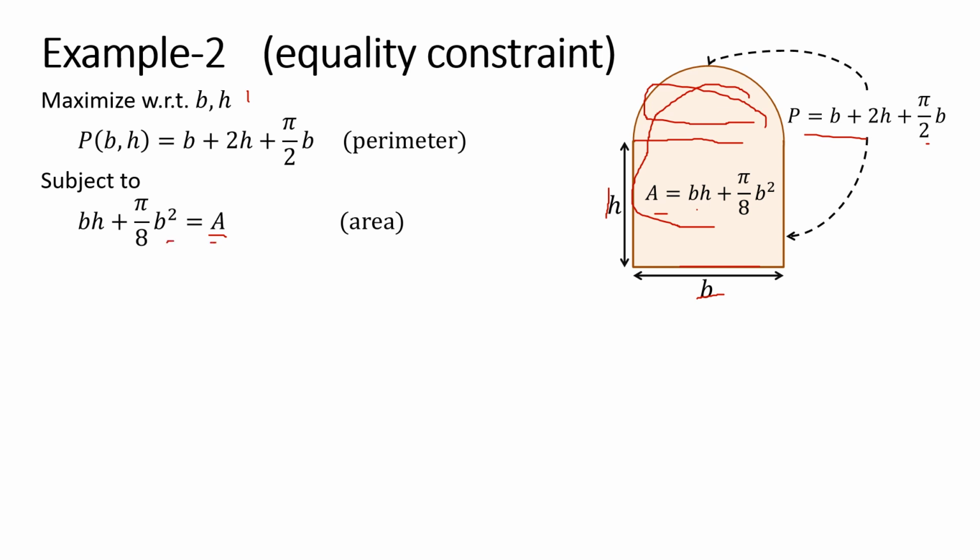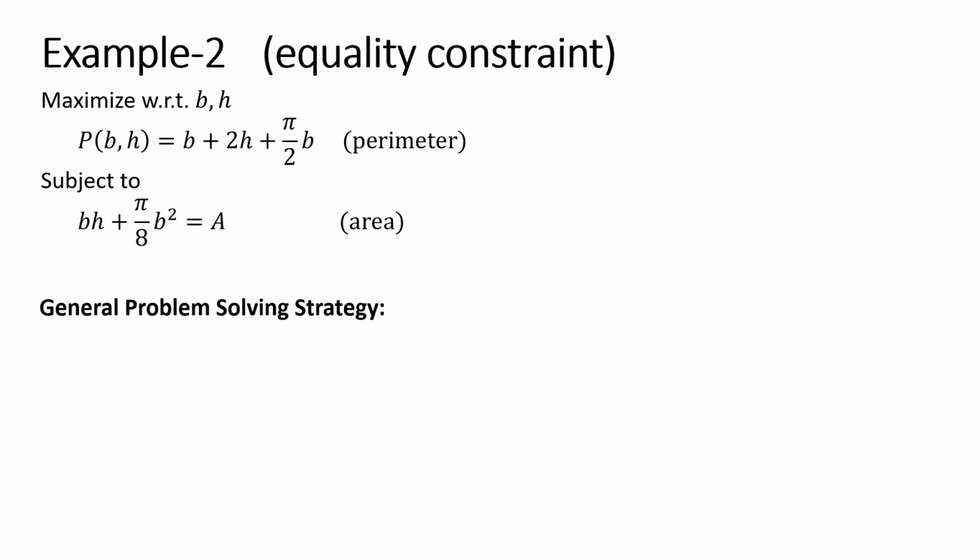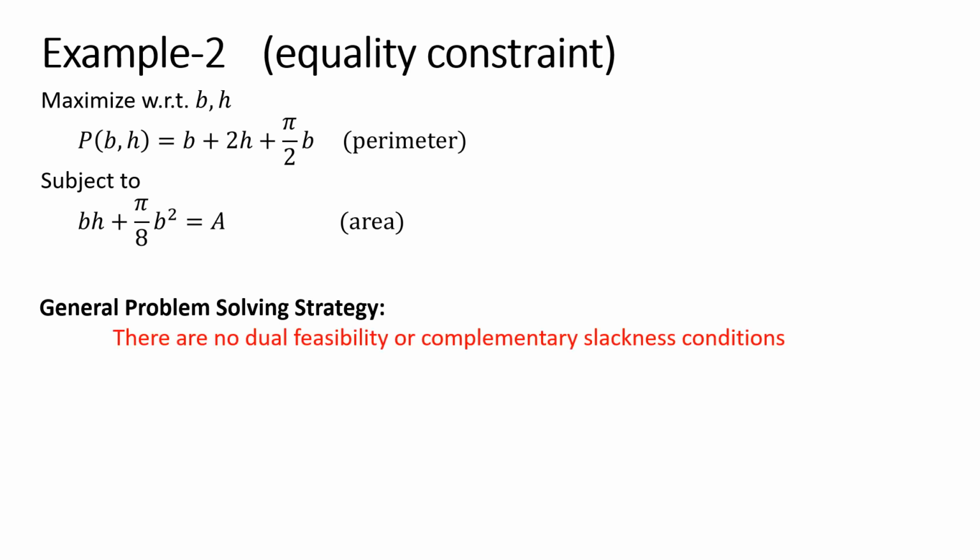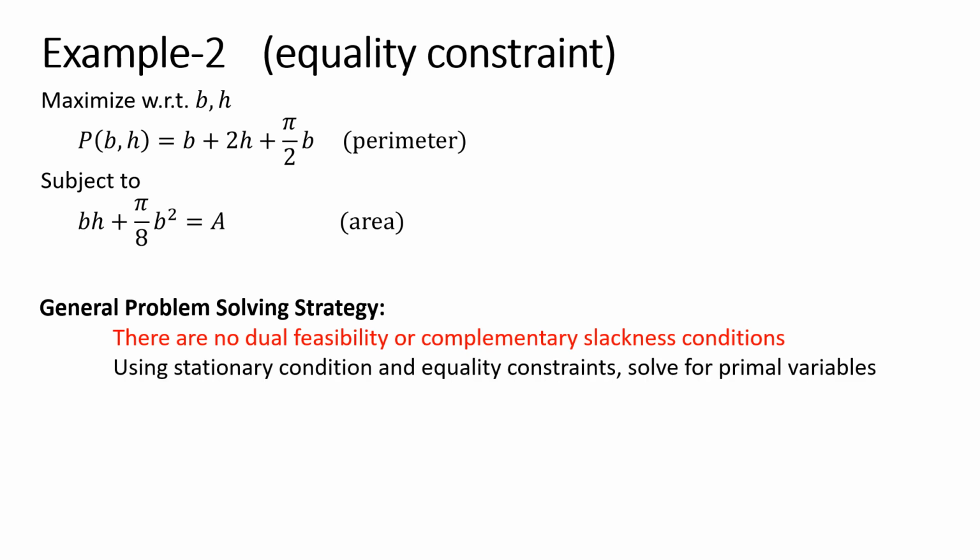The area is fixed. Now, the general problem-solving strategy with equality constraints is there are no dual feasibility or complementary slackness conditions, so we don't even have to worry about them. And we solve for the primal variables using the stationary condition and equality constraints.